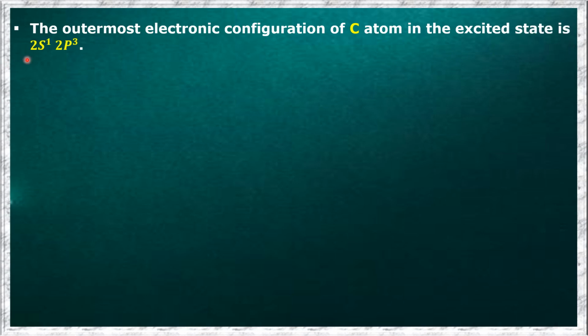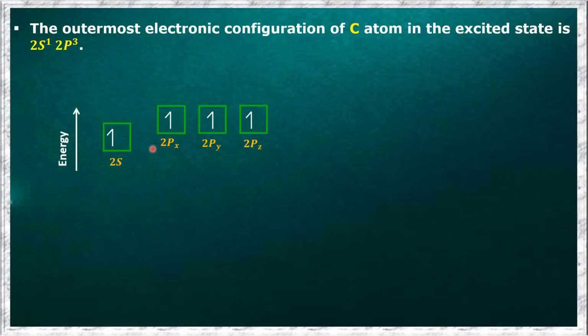It is 2s1 2p3. So I will arrange these orbitals according to their energy level. So here the energy of 2s orbital is less than the energy of these three 2p orbitals.